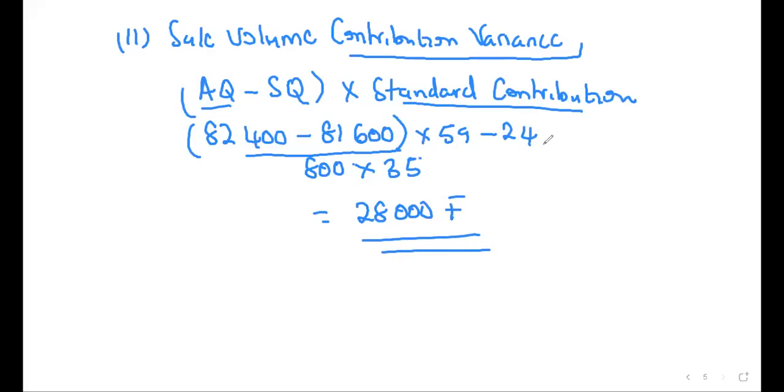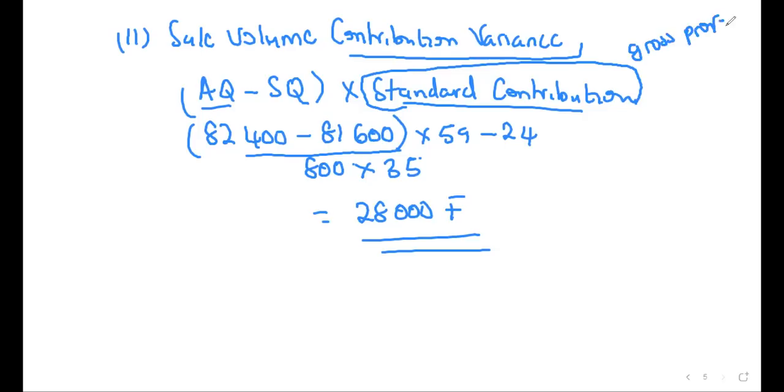So I was saying here, it depends on the question. But we're going to look at another question that has the absorption. If they are using absorption costing, it means you are no more going to say standard contribution. You are going to say standard gross profit.